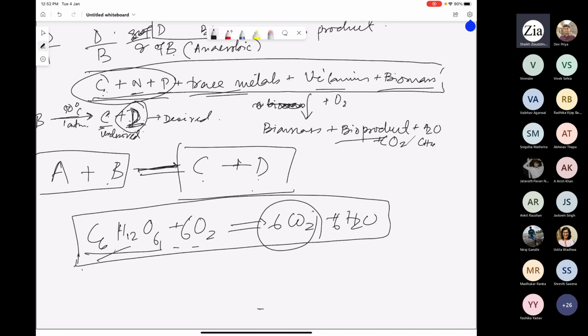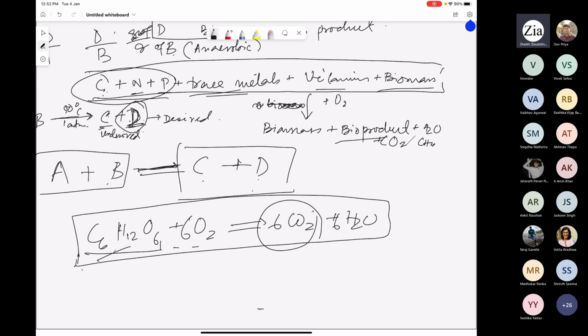Suppose we are using ammonia as nitrogen source, we get a defined formula. Suppose we are using P2O5 as phosphorus source, then we'll get a defined formula. Similarly, for trace metals, if we are using zinc oxide, magnesium oxide, calcium carbonate, we can get the defined formula of all components.